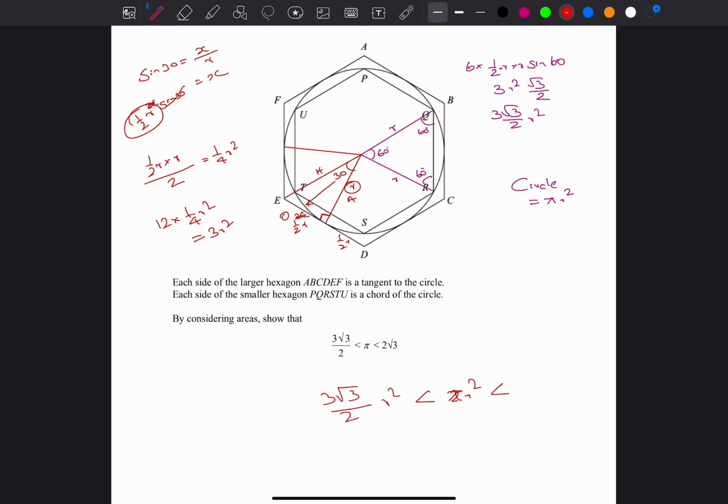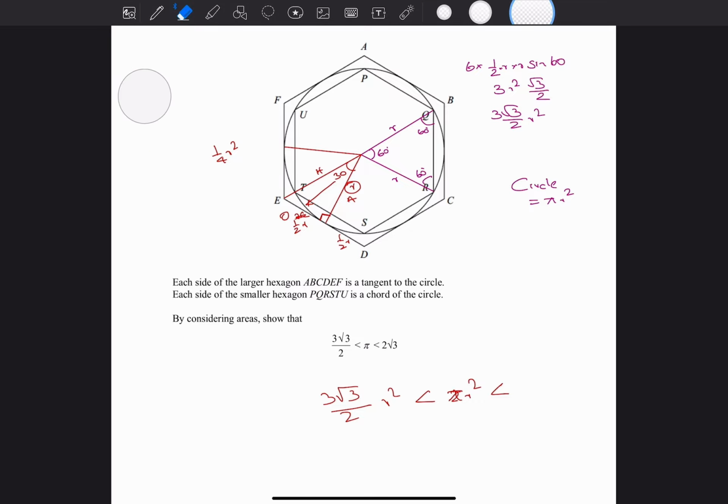No, wait. The whole thing angle is how much is it? Sorry, it's not sine actually, because then you can't get that bit. It's actually not sine, because that's not the hypotenuse there. That's opposite and adjacent, so it's tan. Tan 30 equals opposite over adjacent.